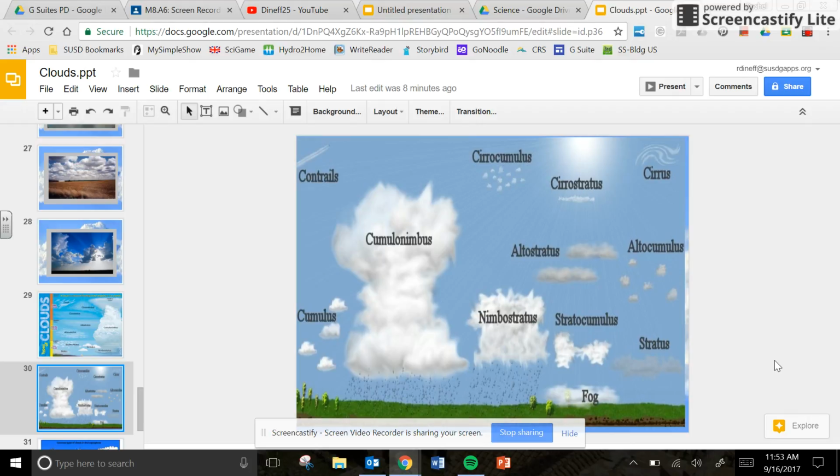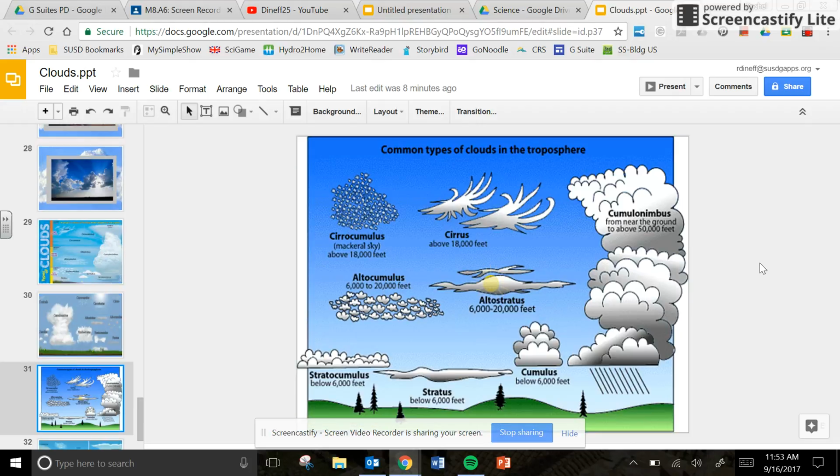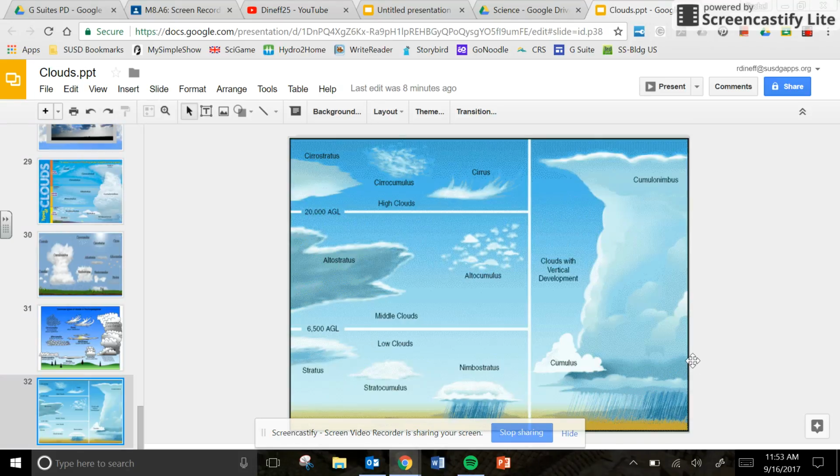But the rest are again going to show you mostly fair weather. And again, here is our large cumulonimbus stack, the popular one for thunderstorms. Again, showing you that height and elevation and the ones that are mostly going to produce that rain.